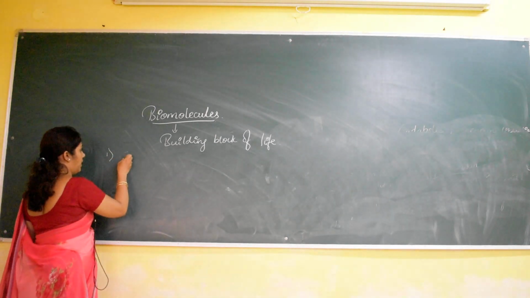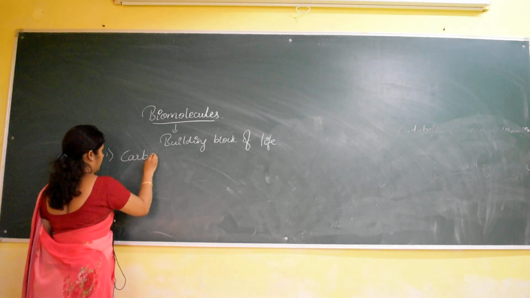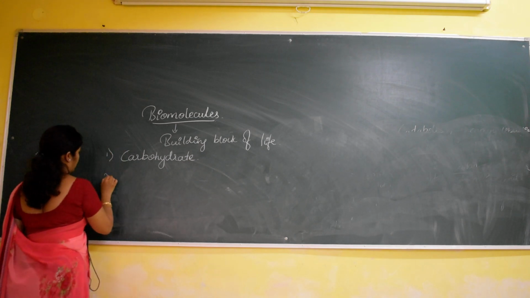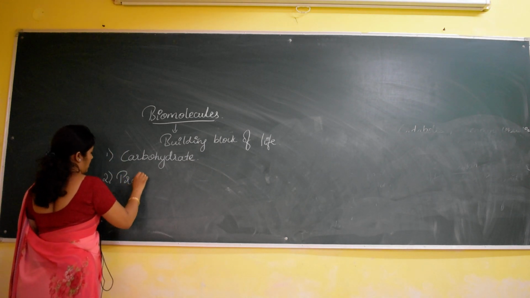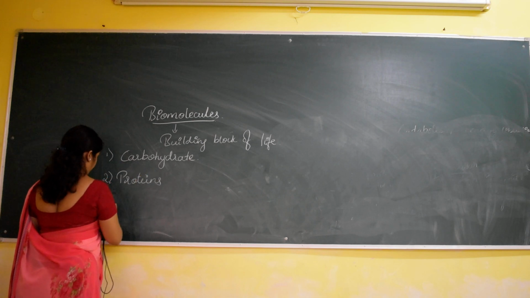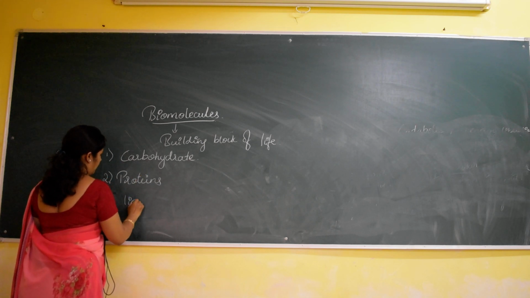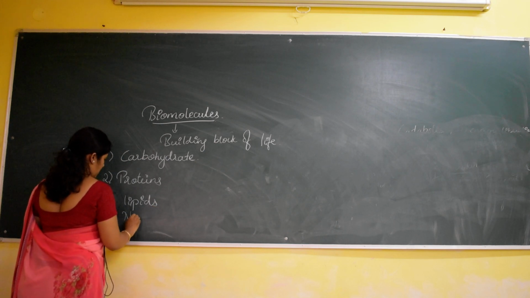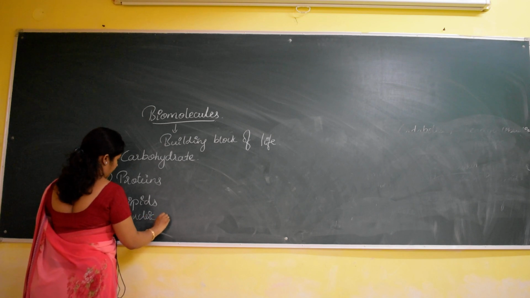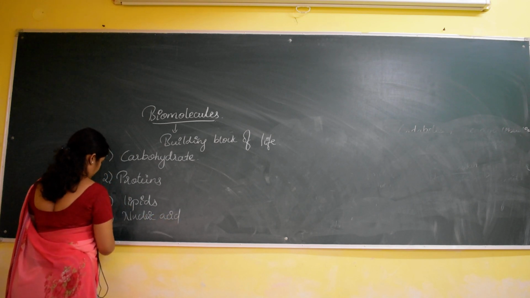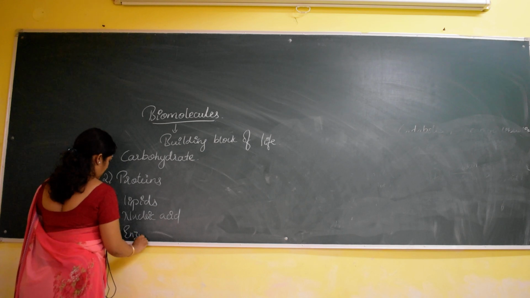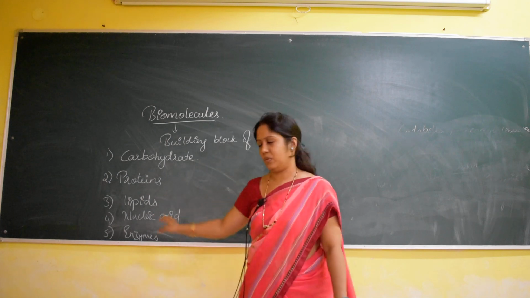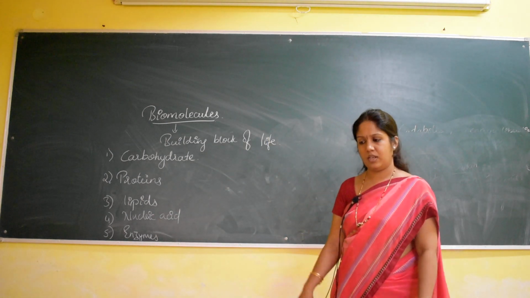One is carbohydrates, second is proteins, third is lipids, fourth is nucleic acids, fifth is enzymes, minerals, vitamins, etc. Again it comes, but let us discuss these basic points of what you are going to study in the chapter.